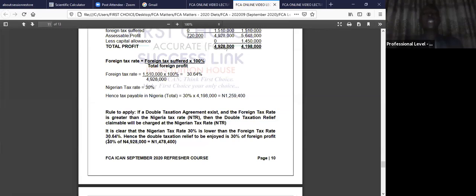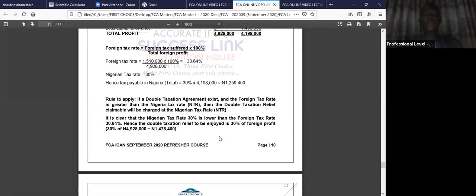So we look at 30% of this, and we got 1,478,400. Can you see that this is what they are supposed to relieve, and this is what they are supposed to pay as tax in Nigeria?